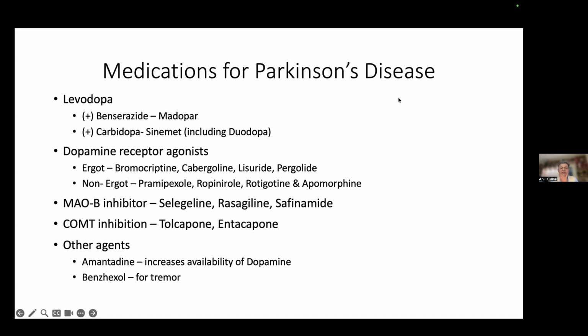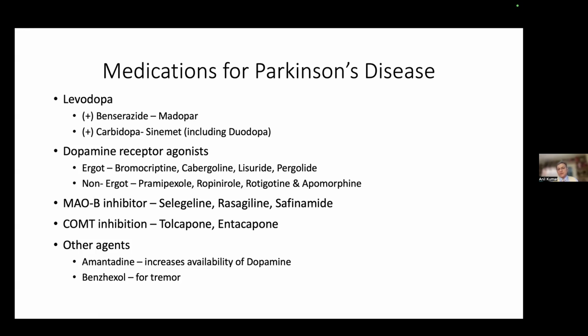Now I just want to tell you about Parkinson's disease. The basic thing is there is a lack of dopamine, and dopamine can cause nausea and vomiting, so we can't give it directly. So levodopa is given with benserazide or carbidopa.